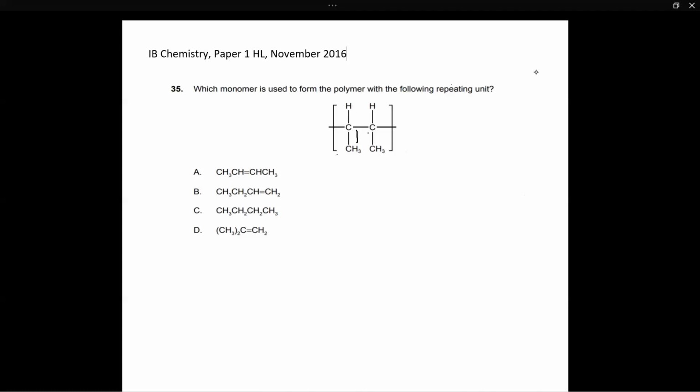Not here, not here, but here. And erase these two. These two can go away. So this is our monomer, from which a polymer is formed when we break the double bond.